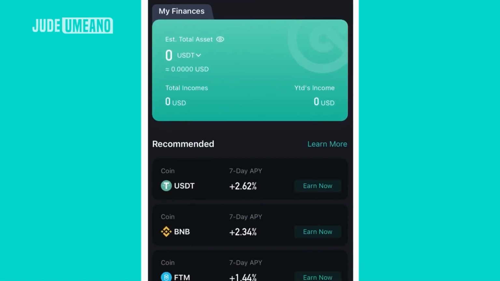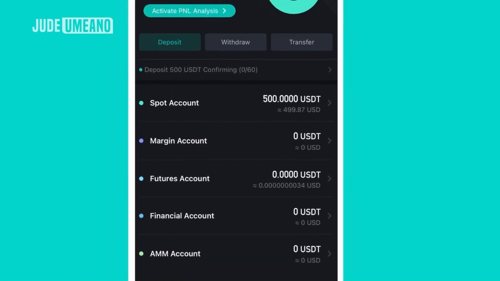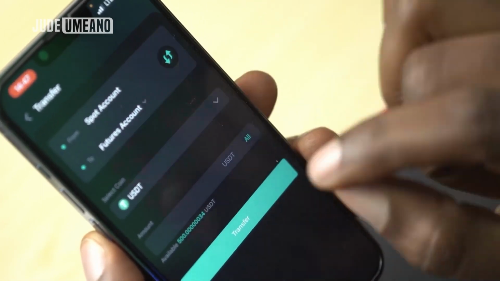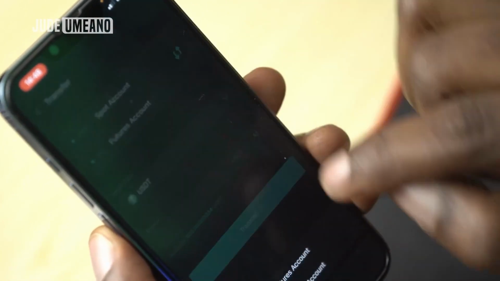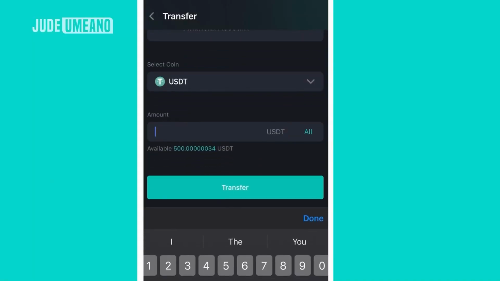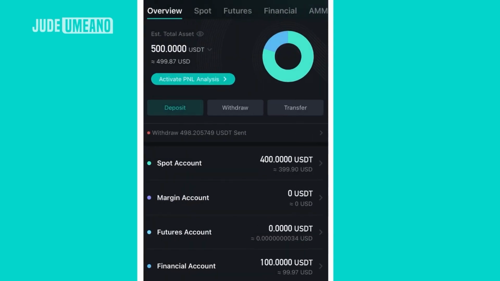Now I have USDT. To simply earn from this, what I do is that I go to my asset and I transfer from spot, where I have the USDT, to financials. Let's say I want to transfer $100. So I now have this money moved to financials.